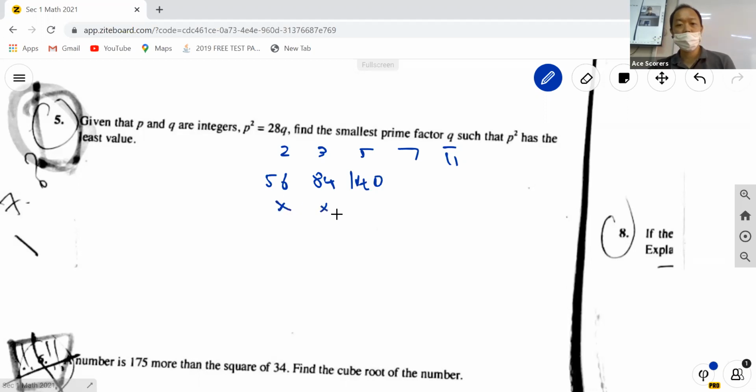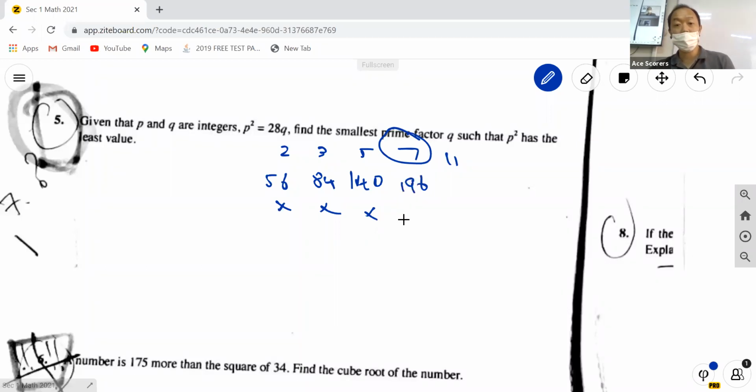I'm looking for P squared, so I'm just substituting different values of Q so that I can find one with a square. 28 times 7, square root 196. Ready, so this is the answer. When Q equals 7, 28 times 7 is 196.